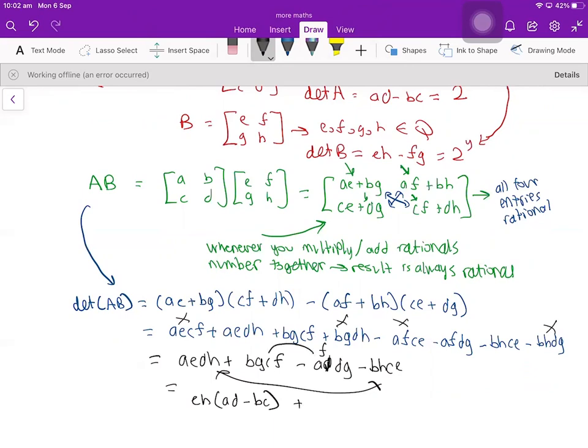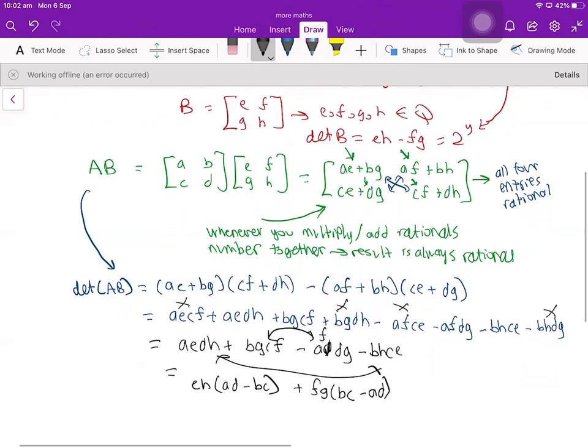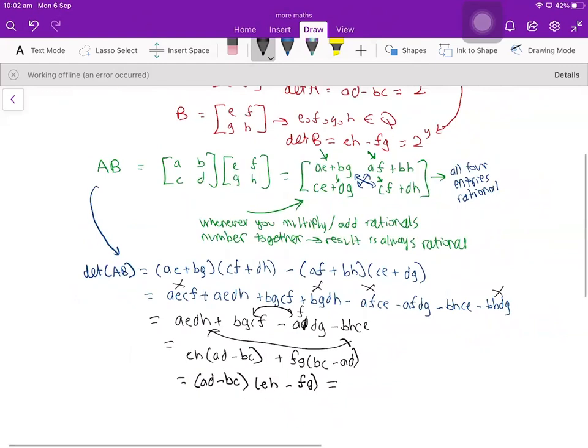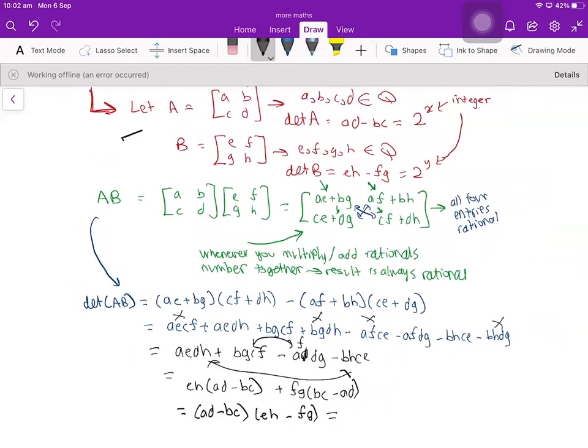And we can do the same thing here, where we have a common factor of FG, and this is BC minus AD. So this can be written as AD minus BC times EH minus FG. And this, in fact, is equal to the determinant of A times the determinant of B.